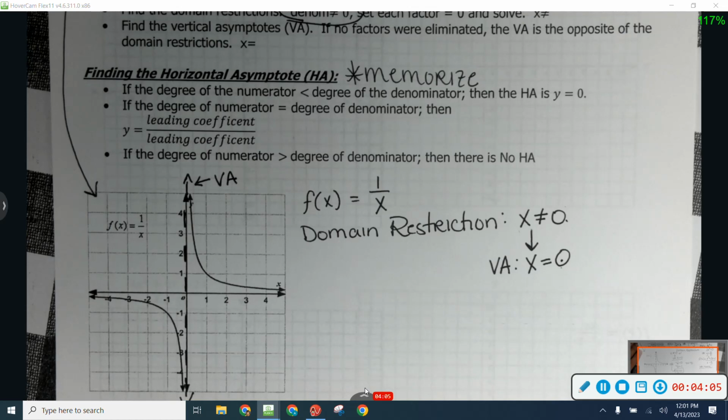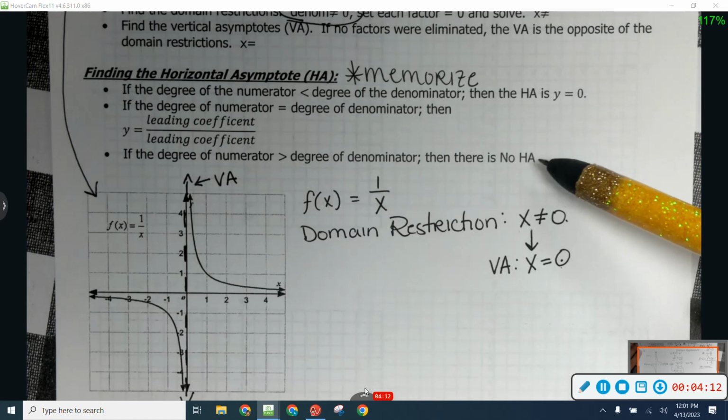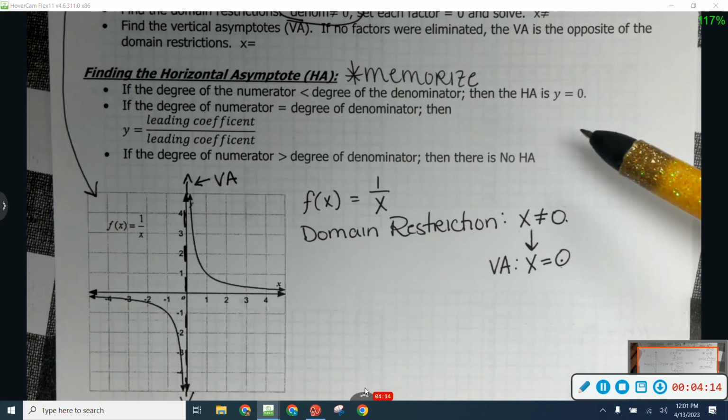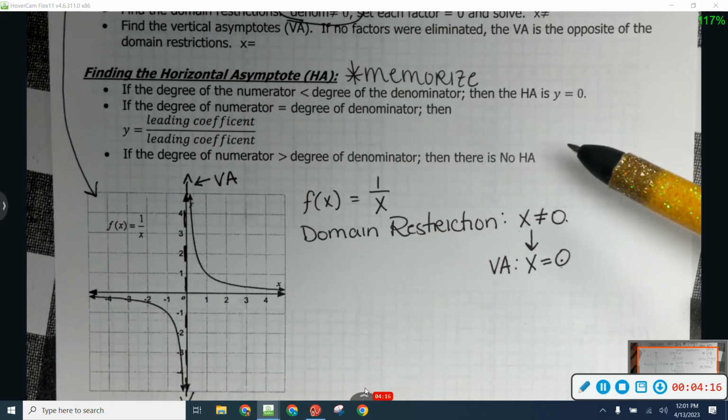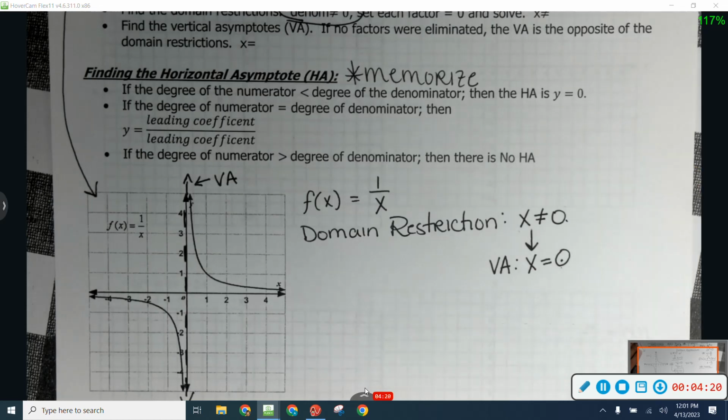Okay? That's very easy to find. Your horizontal asymptote comes from these rules, and what you're looking at is the degree of the numerator and the degree of your denominator. Okay, well, what even am I talking about? Okay, remember that those are exponents, right? If I have a polynomial, your degree of the polynomial is your highest exponent. So I'm going to be looking at the exponents of my numerator and denominator.